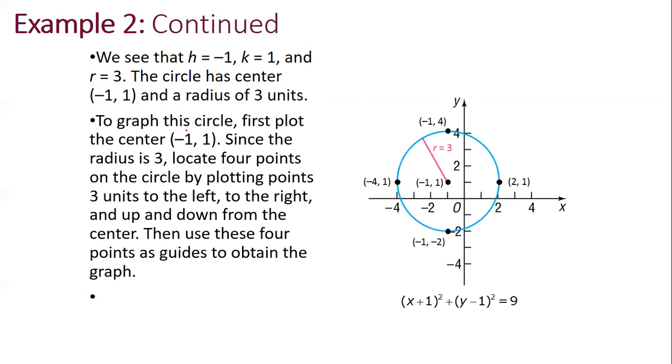So I went 3 units north, puts me here, 3 units east, 3 units south, and 3 units to the west. Once I have those points, I connect them, and wham, bam, thank you, ma'am, I've drawn a circle.